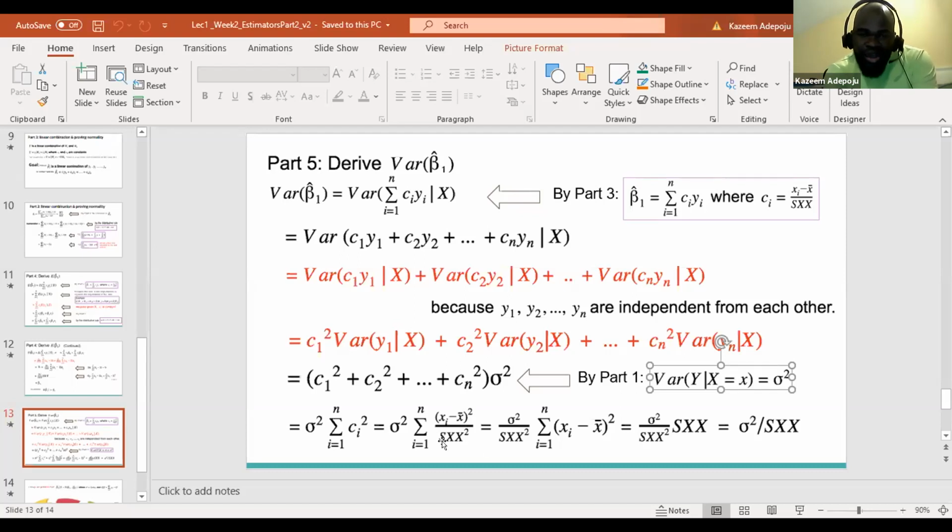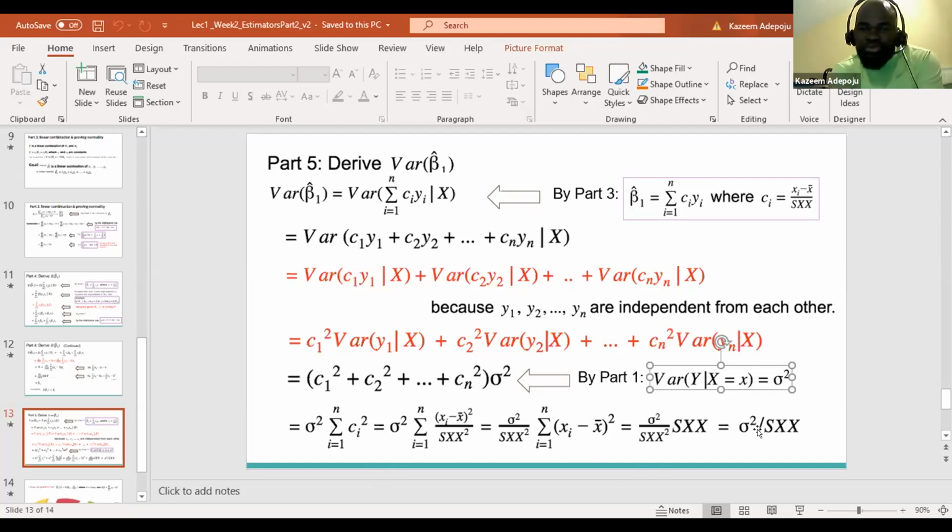So this one here, sigma squared, if I bring it out here, I'm going to have summation of x minus x bar squared. And what is the summation of x minus x bar squared? It is Sxx. Sxx will reduce this one, then I have this. Oh my God, this is the final destination.